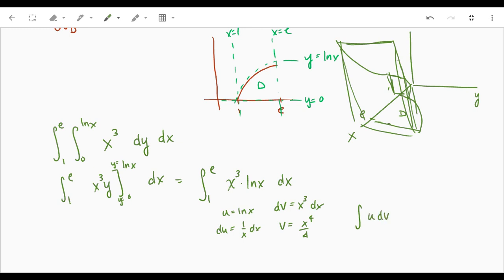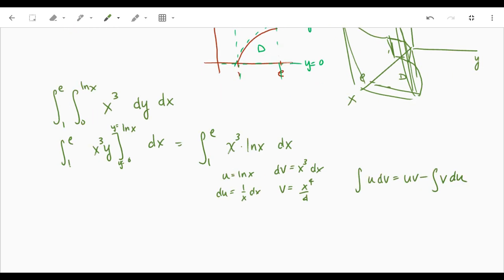Integral of u dv is uv minus integral of v du. There you go. So remember your integration by parts. So we're going to have u times v, so x to the 4th times the natural log of x over 4. Here's your uv, minus the integral of v du.